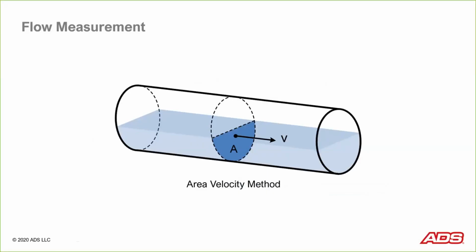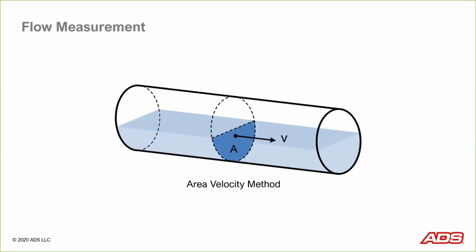If you have a partially full sewer and it's flowing, as in this example, from left to right, you can slice a cross-section through that sewer. That cross-section has what we call a wetted area, the area that's taken up by the actual flow in the sewer, and that cross-section is moving at a certain average velocity. If you take that area times that velocity, you get a flow rate. That's the area velocity method.